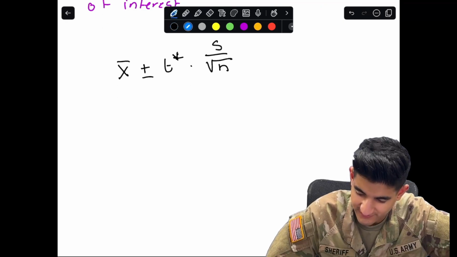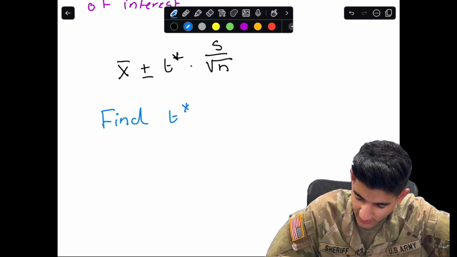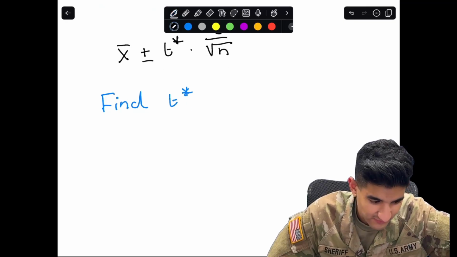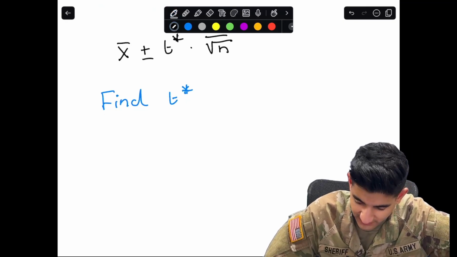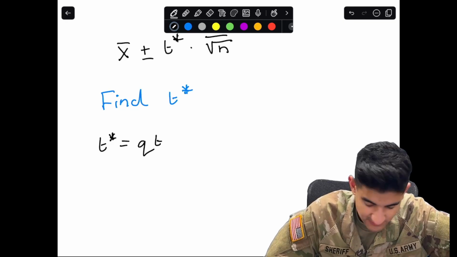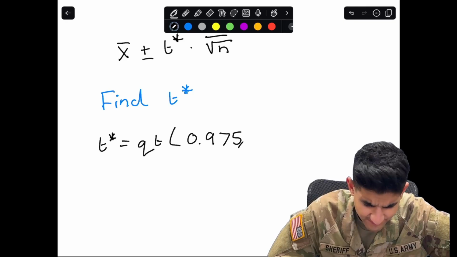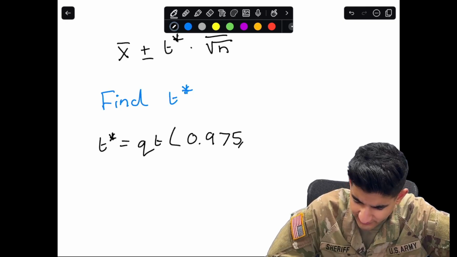So let's find t star. The formula is t star equals qt of 0.975, and then we put in our degrees of freedom.